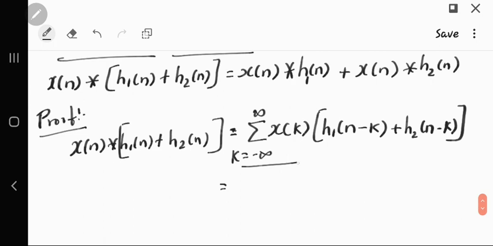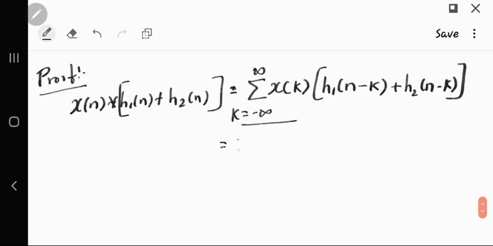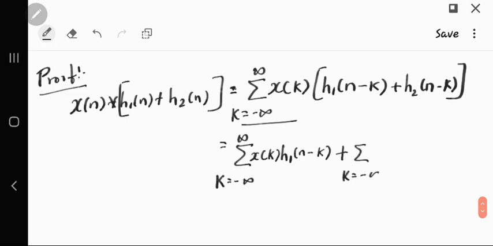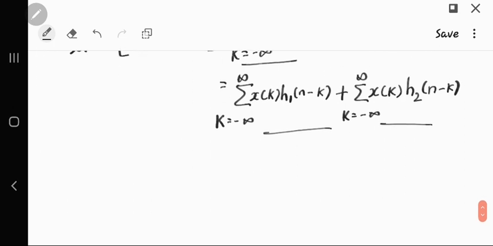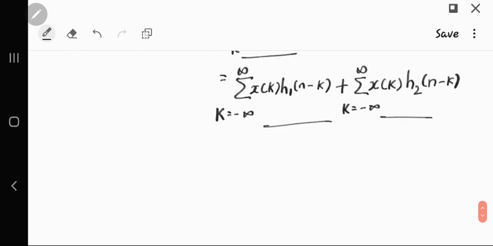Now this summation, and x of k is multiplied with this. So what do we get here? Summation k equals minus infinity to plus infinity x of k h1 of n minus k, plus summation k equals minus infinity to plus infinity x of k h2 of n minus k. If you observe these two expressions, they are similar to the definition of convolution sum itself.